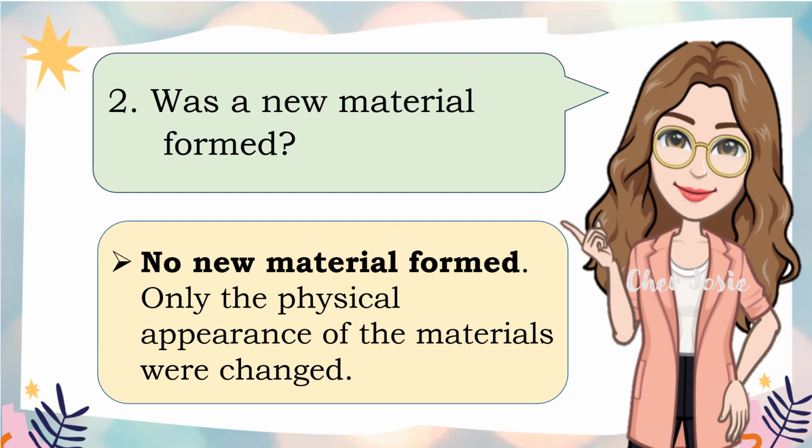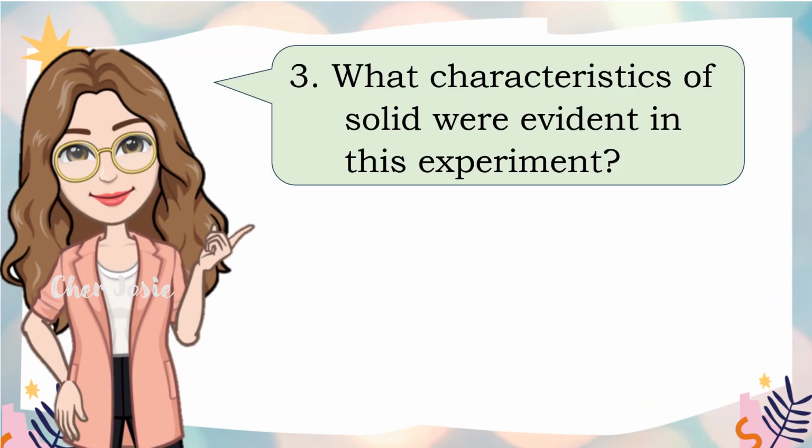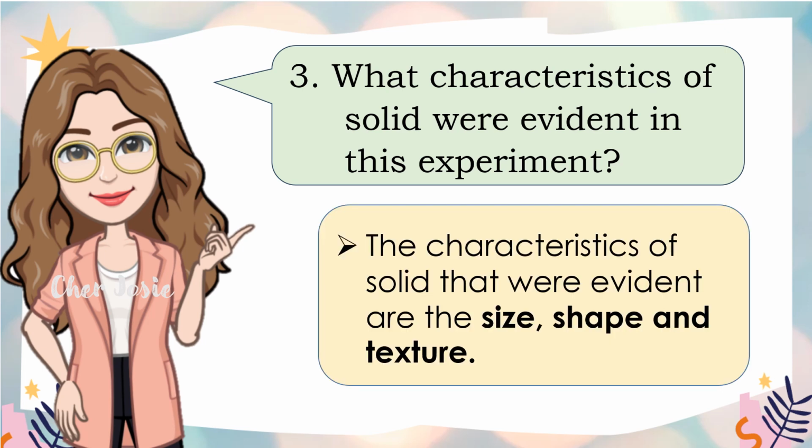Only the physical appearance of the materials were changed. What characteristics of solid were evident in this experiment? Very good. The characteristics of solid that were evident are the size, shape, and texture.